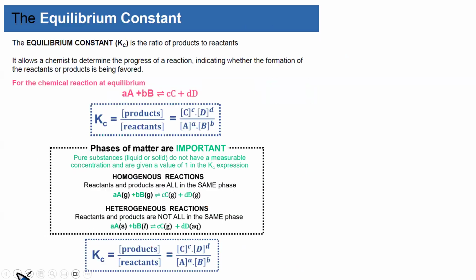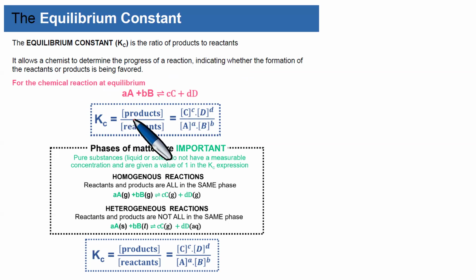Next. Let's talk about Kc and what Kc means here. The equilibrium constant is the ratio of products to reactants.